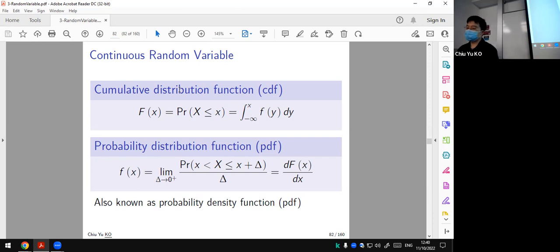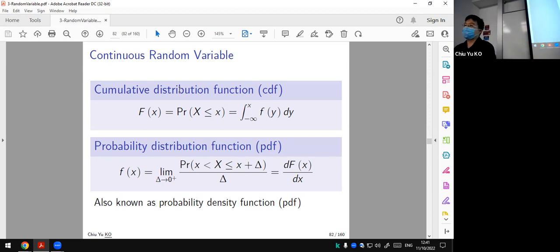So for a continuous distribution, given any number, the probability that the variable equals exactly that number will be 0. If not 0, then you add up something infinite and the probability will explode, but it must be between 0 and 1. So the probability of equaling a particular number is 0.